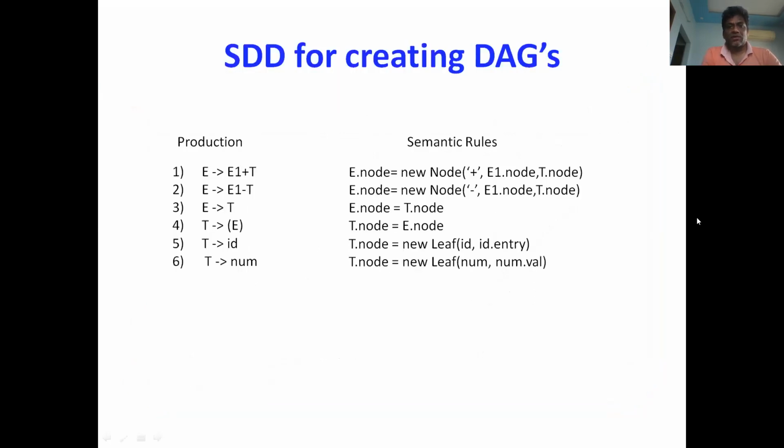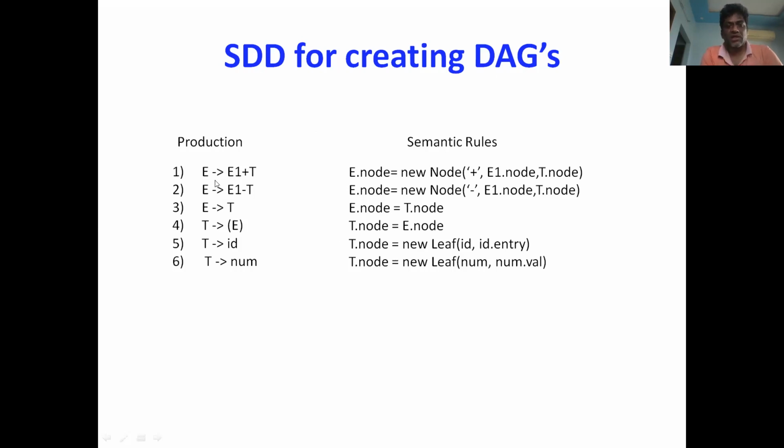Okay, and we can write the syntax directed definition also for creating directed acyclic graphs. Earlier we saw how to generate the syntax trees with the help of syntax directed definitions by writing the semantic rules along with the corresponding productions of the grammar. So now for directed acyclic graphs also we can write the syntax directed definition, and the semantic rules for this will be like this.